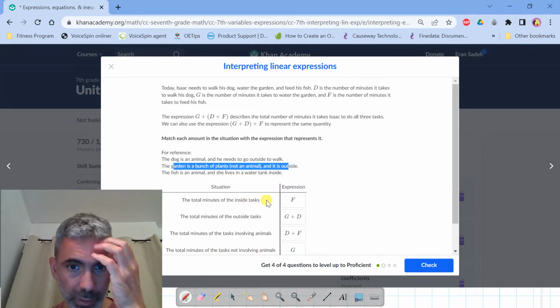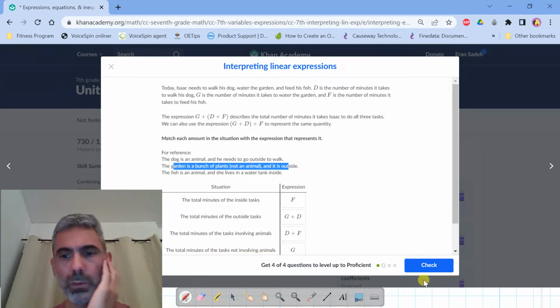So inside tasks, fish; total minutes of outside tasks, dog and garden; animals, dogs and fish; and G, garden, not involving animals.